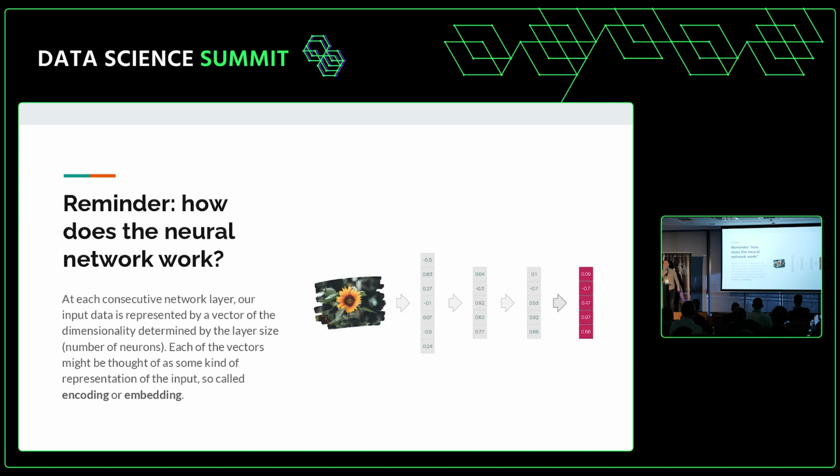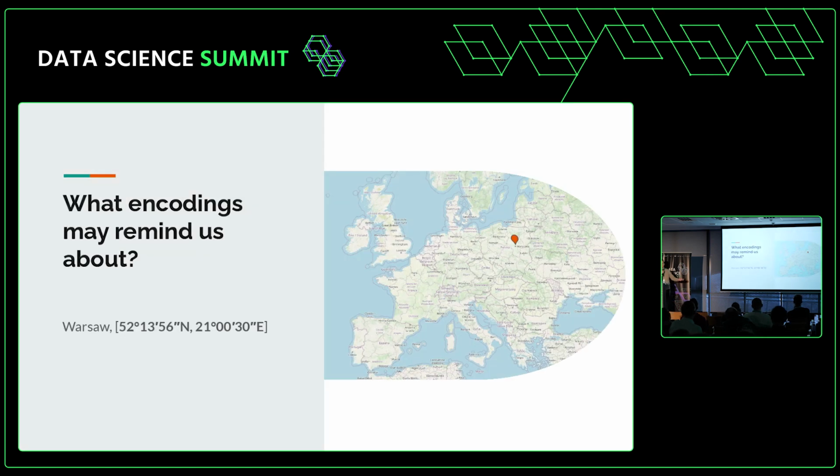And that's basically this vector, which is being produced by such a network right now, is called encoding or embedding, or it used to be called distributed representation back in the days. But embeddings are quite commonly known for anybody working with deep learning models, I assume. And that may remind you of something, because this is, in a nutshell, a numerical vector, no matter the dimensionality of that vector.